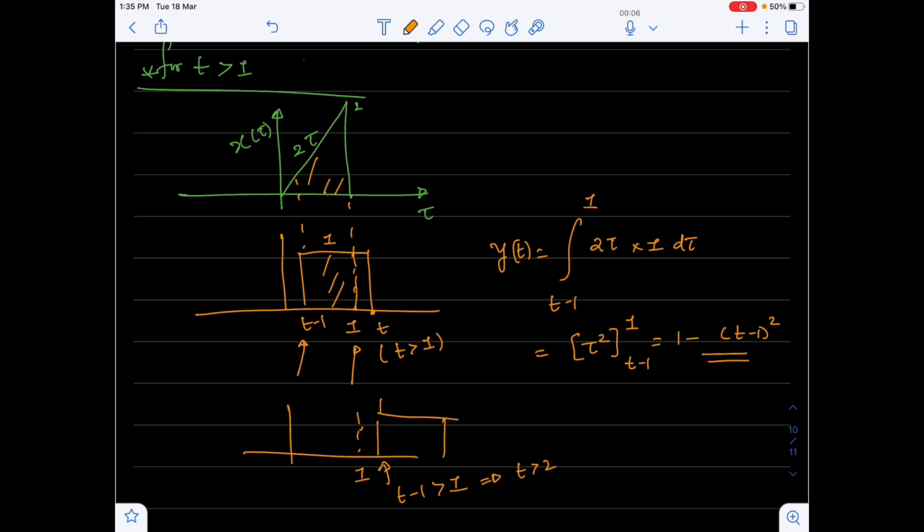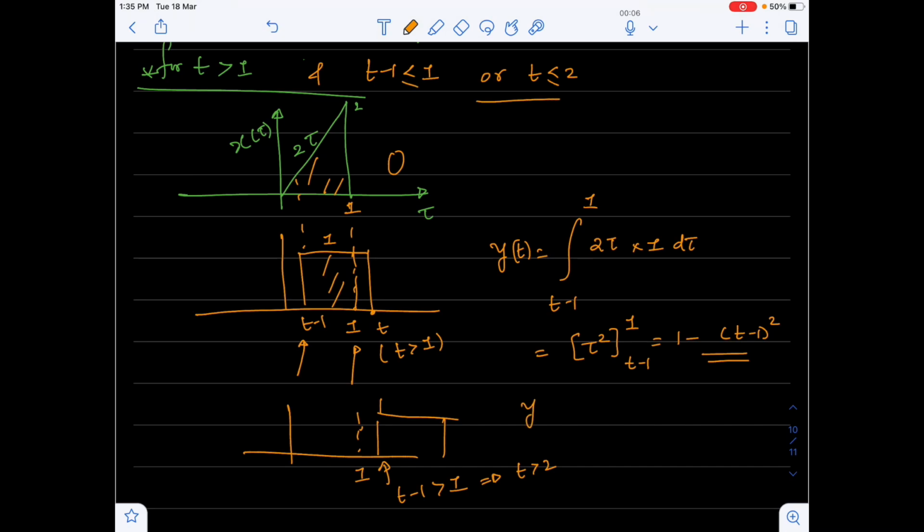If this is the situation, then the output goes to 0, because there is no signal for t greater than 1 for x of tau. So this will be continued until t minus 1 is less than or equal to 1, or we can say t is less than or equal to 2.